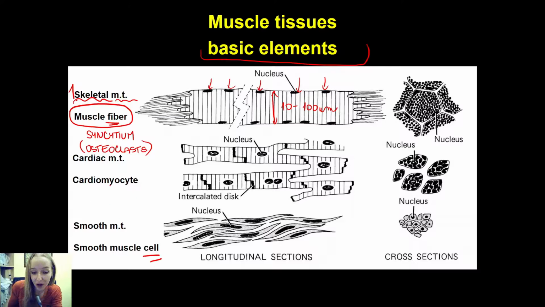So, basic things. It's a muscle fiber in skeletal muscle tissue. It's about 10 to 100 micrometers thick. It's very long, as long as the muscle itself. It contracts voluntarily, and the nuclei are situated at the periphery of fibers.